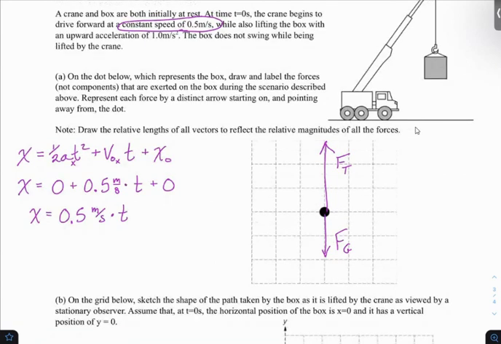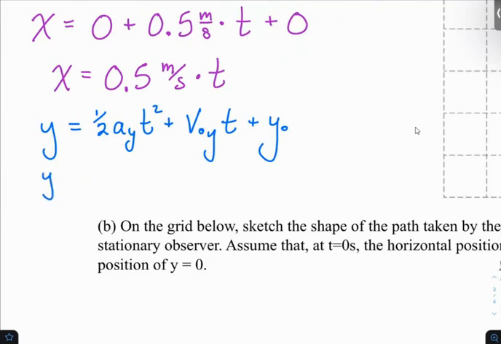Then I can also do the y direction. In the y direction, my acceleration is 1 meter per second squared, and it's not moving up and down to start with. So I'm going to rewrite this equation for the y direction.